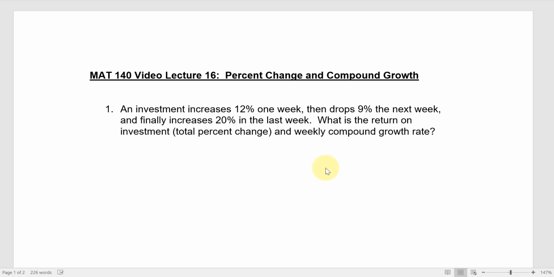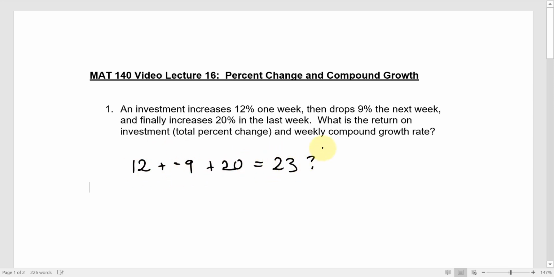So the first thing, you might naively think that you could just add these together as pluses and minuses, and that's not correct. But if you did that, this is what it would look like. You would get a 12% increase, and then the drop is 9%, and then finally a 20% increase. 12 minus 9 is 3, plus 20, that's 23.